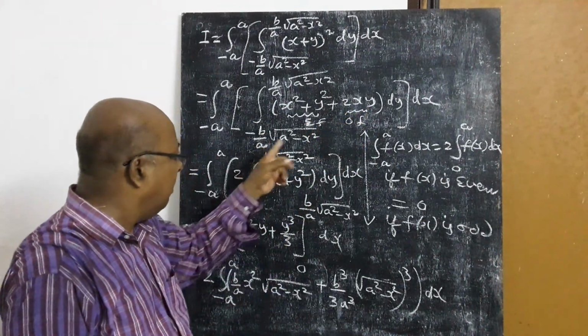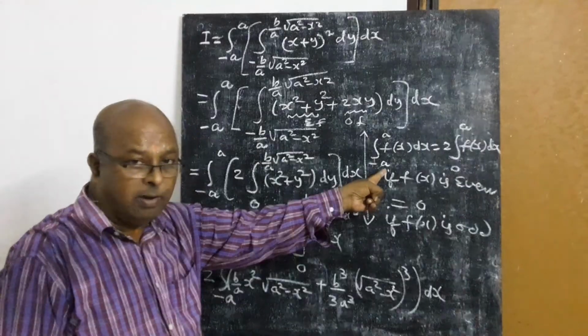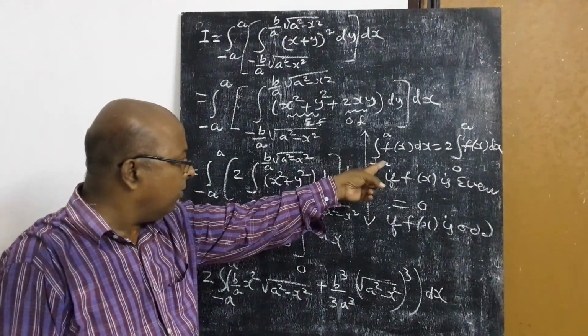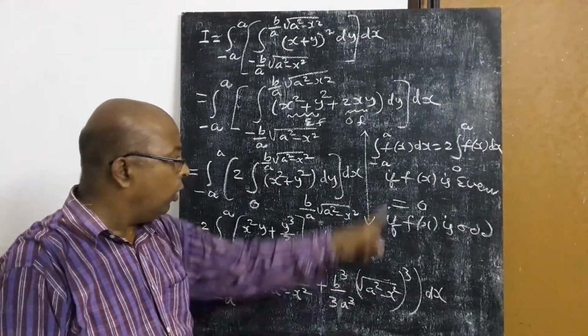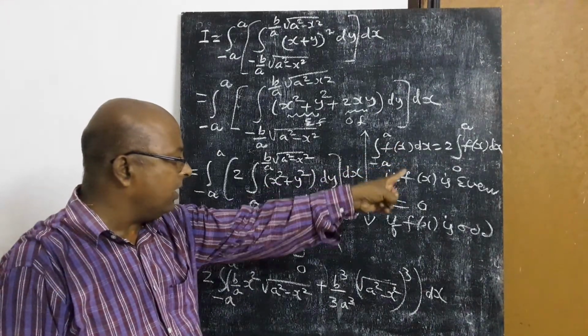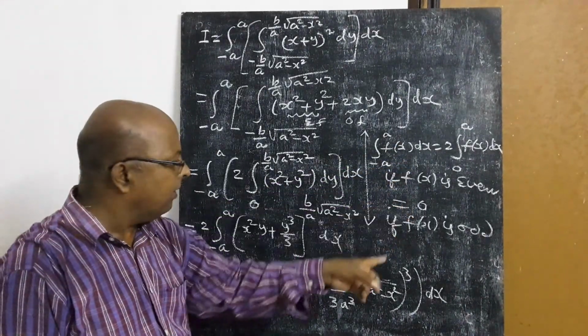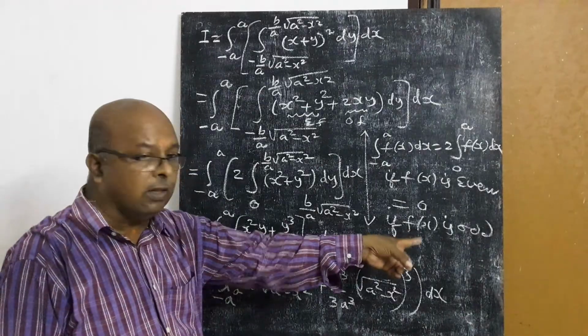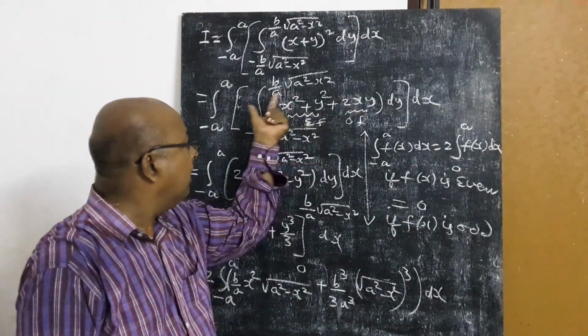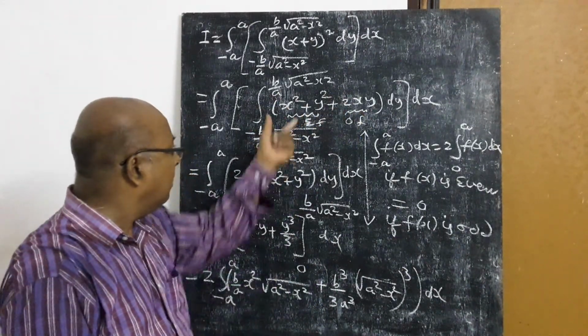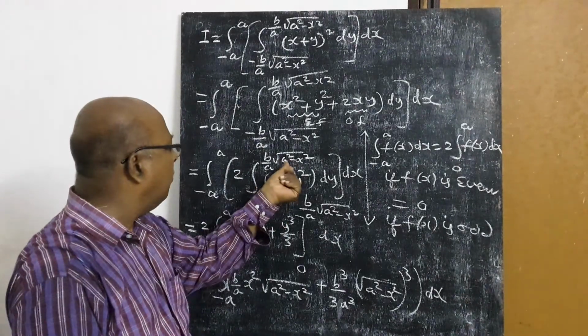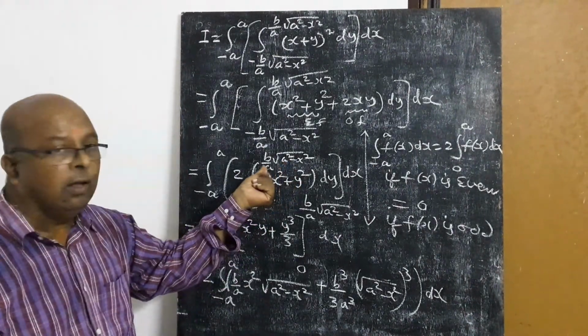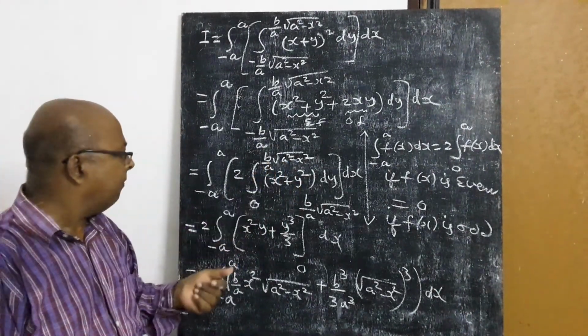That is why, observe the intermediate formula: the integral from minus a to a of f of x dx is equal to 2 into the integral from 0 to a of f of x dx if f of x is an even function, and is equal to 0 if f of x is an odd function. For the odd part, this integral is 0. For the even part, 2 into the integral with y from 0 to b by a root of a² minus x².